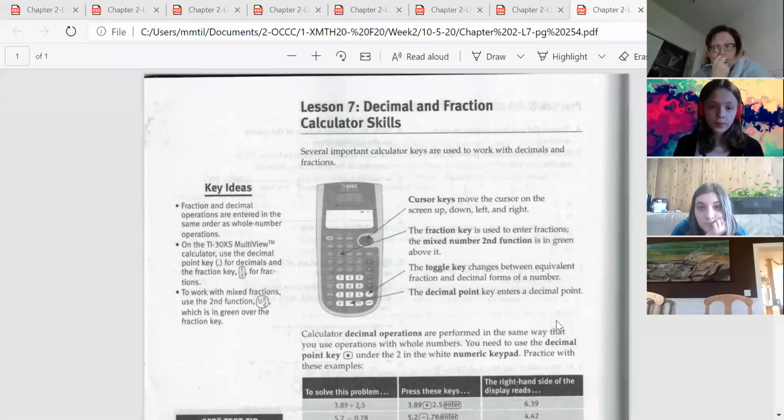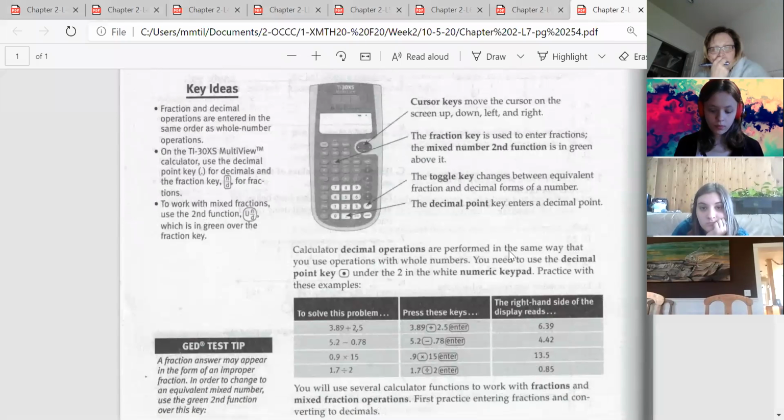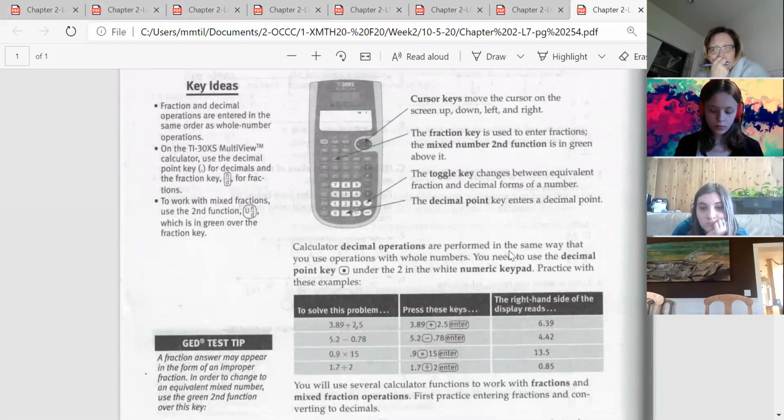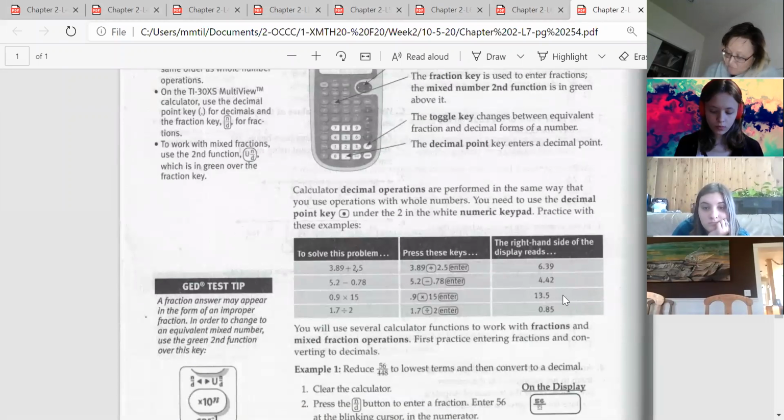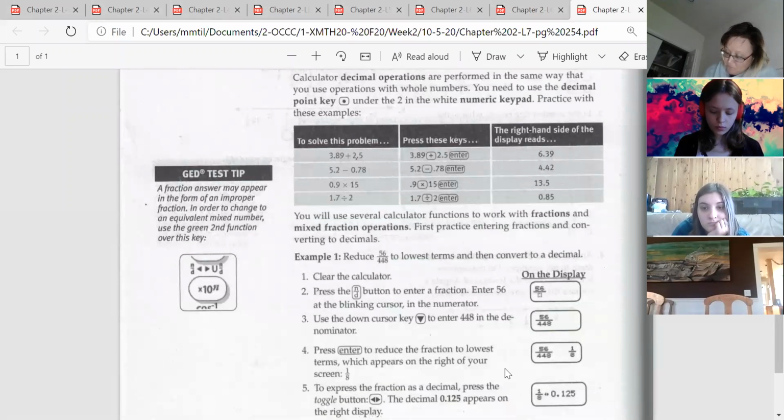Okay, so now this is some skills with the calculator, but I'm not going to use the fraction function. Obviously you're adding, subtracting, multiplying, dividing, so know how to do that on the calculator. Forget this part, forget turning everything into fractions and so forth.